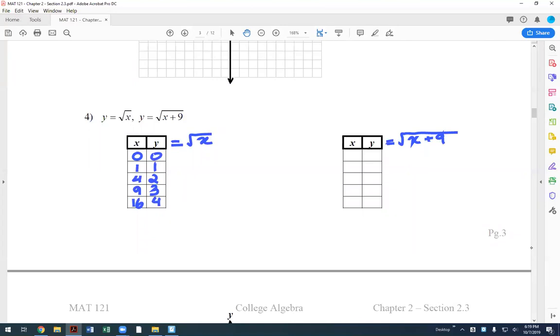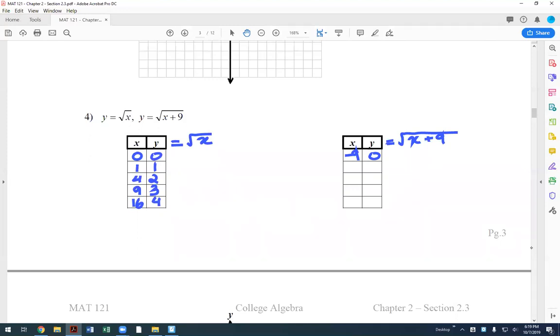You sure? No? Can't you use, I don't know, negative... Trey, I think you're in the minority here. Negative 9 plus 9 would give you 0? Yeah. Okay, we're on the second one, sorry. Right? So the idea is the answer cannot be negative, but some negative x values are going to be okay. So I can use negative 9 because, like you said, negative 9 plus 9 is going to be 0. Square root of 0 is 0.